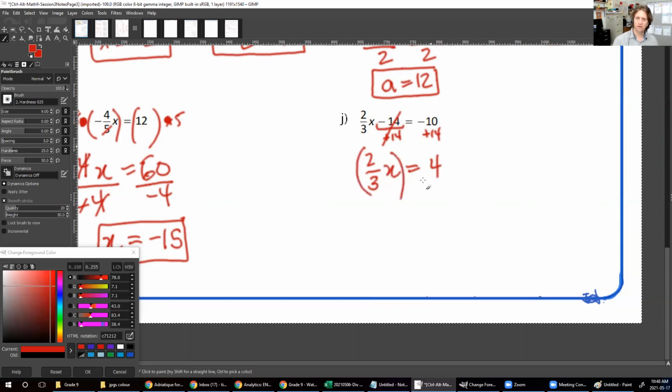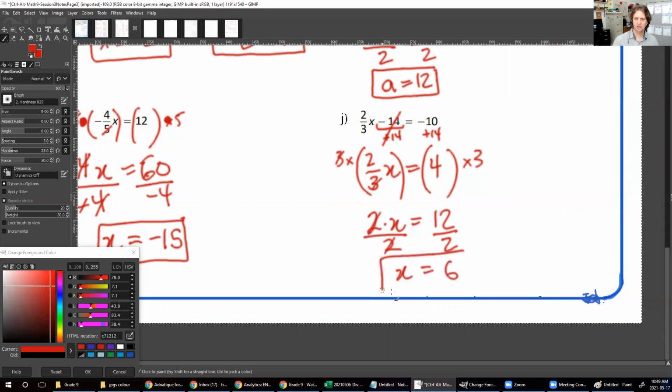Now I'm going to get rid of that 3 on the bottom by multiplying by 3 on the top. Instead of divide by 3, I'm going to multiply by 3. The 3s cancel out, so I have 2x is equal to 12. Now I have 2 times x. I want to divide by 2, so that's the opposite of a times. The 2s will cancel out. X is equal to 6.